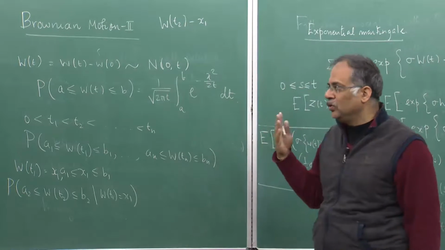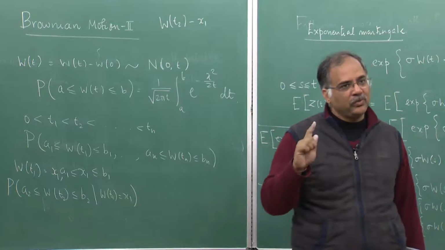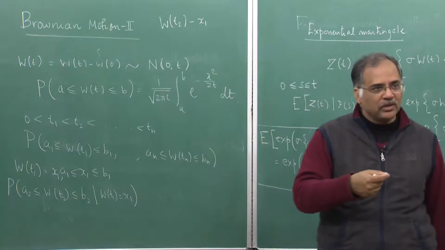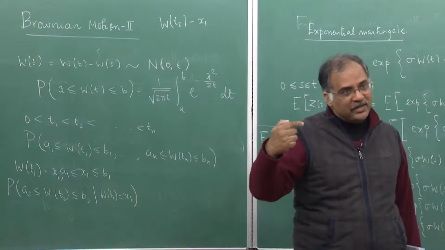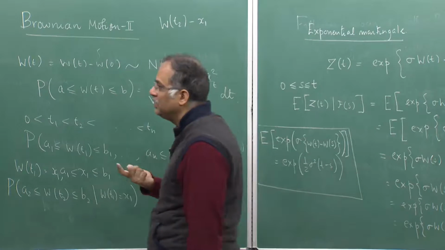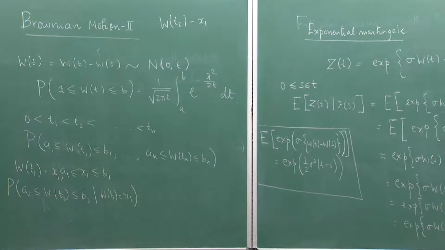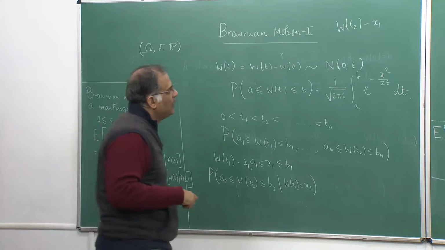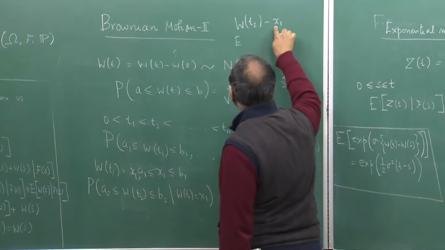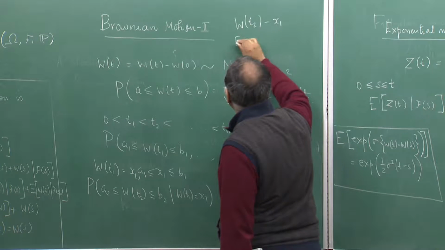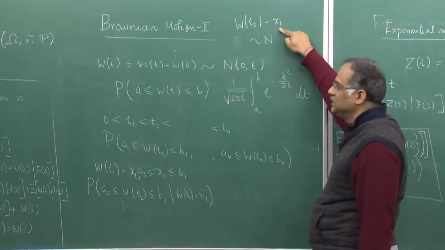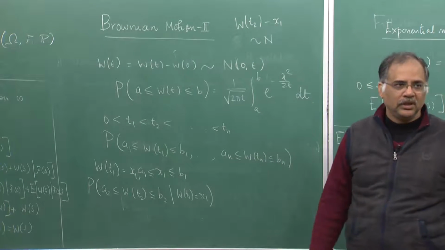At t1 I know what has happened, it was at x1. Now it is on the state x1, so what is the probability that the next state would lie between A2 and B2? It is like computing transition probabilities. Here the expectation of this is also a normal random variable, so this also follows a normal distribution, but the expectation of this is what?